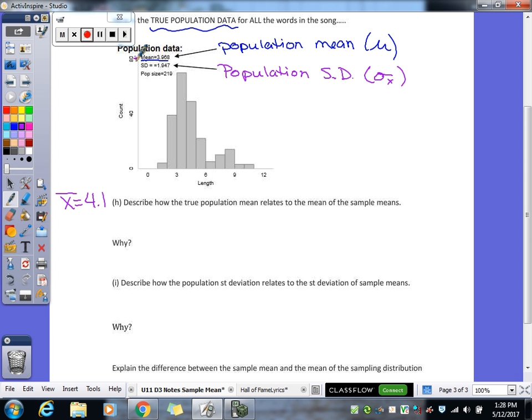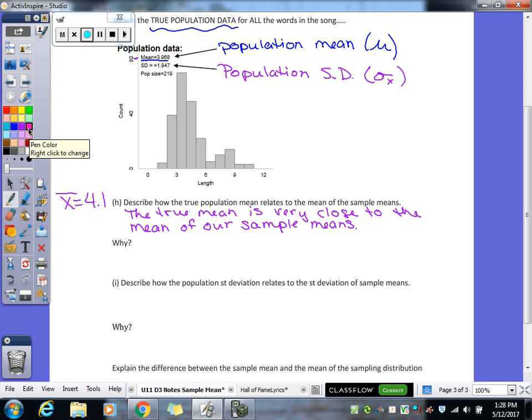No. So the true mean is very close to our mean of our sample means. So that means that the mean of our sample means is a good approximation of the true mean.